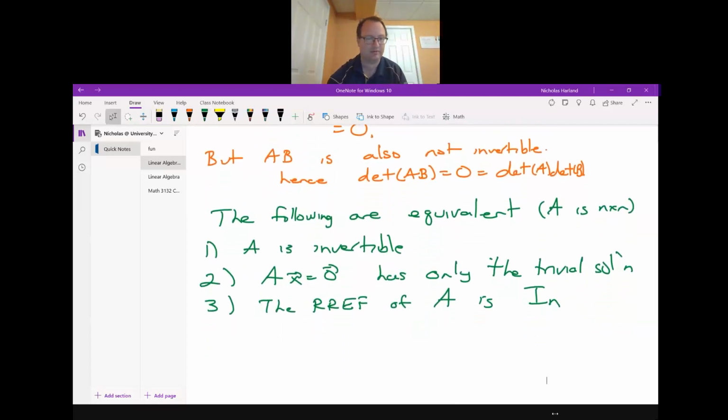Just kind of wrapped up in what we've already seen. A is a product, as we saw above, of elementary matrices.